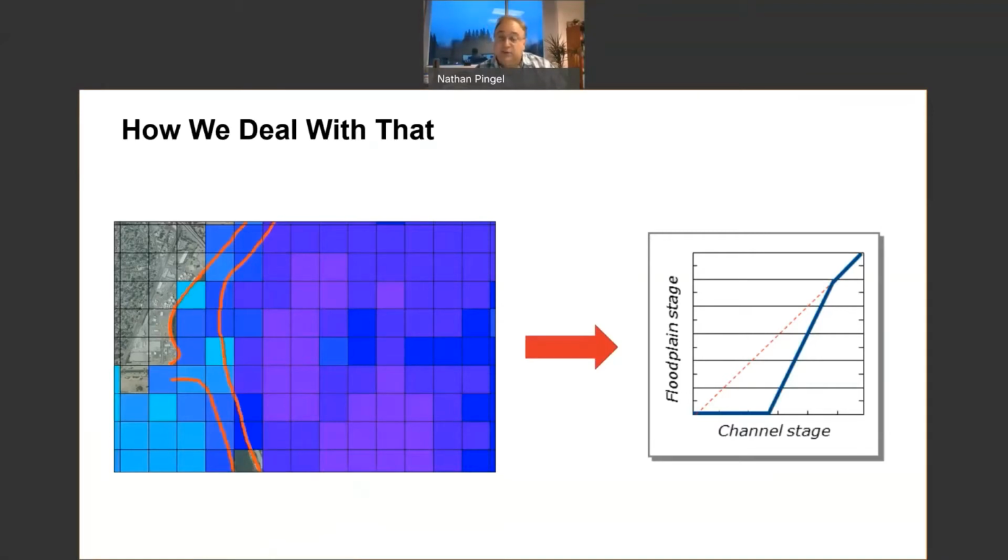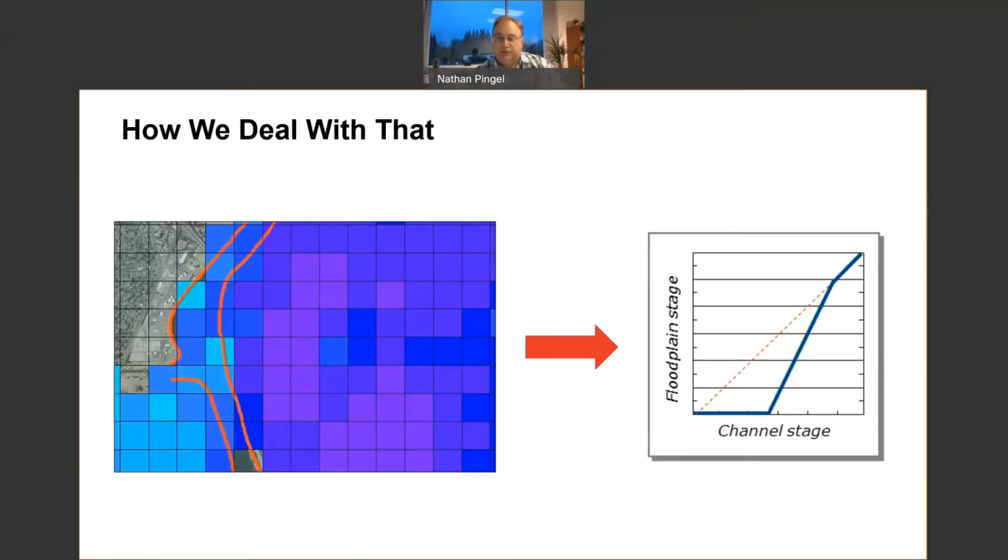And we do this by using our hydrology models and our hydraulic models, simulating various levee breaches and getting, for a given event in the system and the levee breaks, the volume that enters the floodplain, and using that to get the water surface elevation.